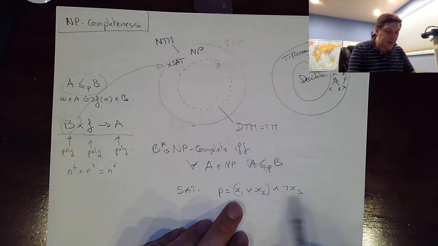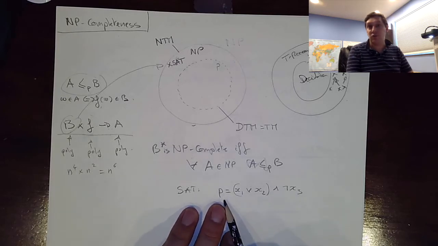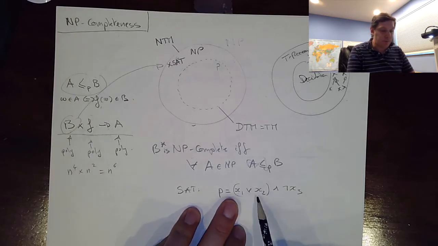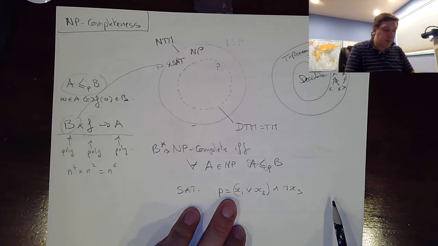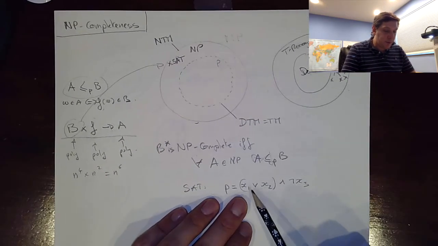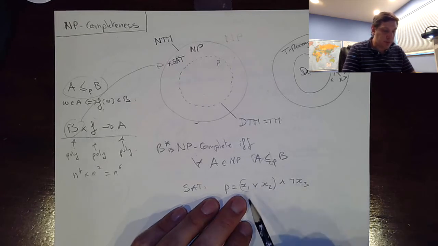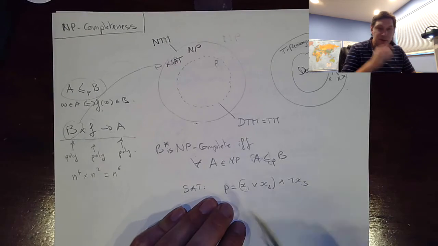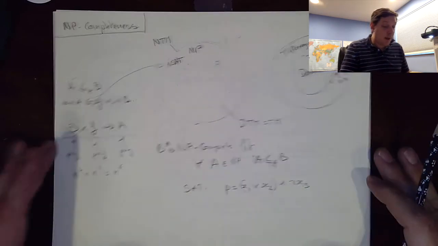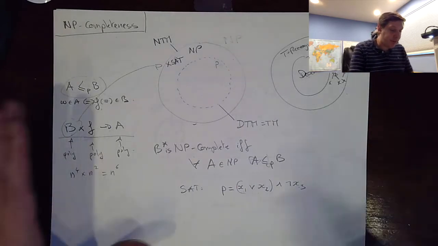Is there a combination of these such that P is true, given that all of these are Booleans? So to make P true, I can make one of these true, and this has to be false. So if I make one of these true and this false, I have P true, for instance. That's the problem of satisfiability.